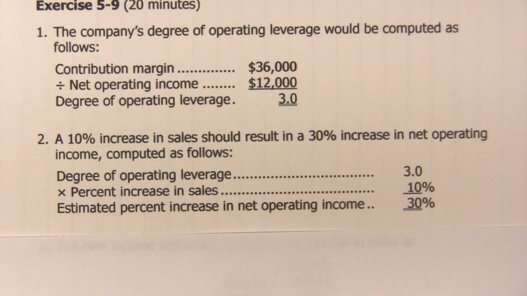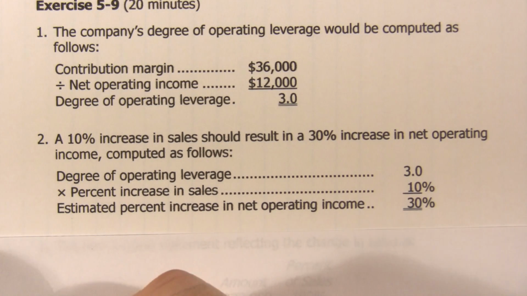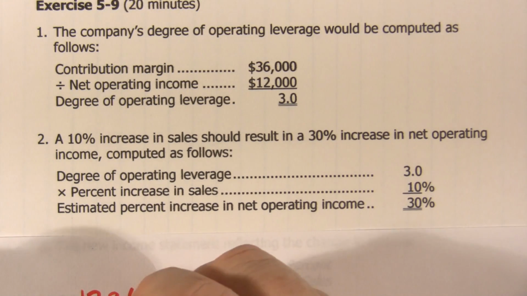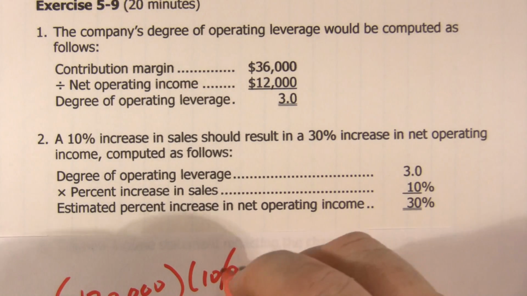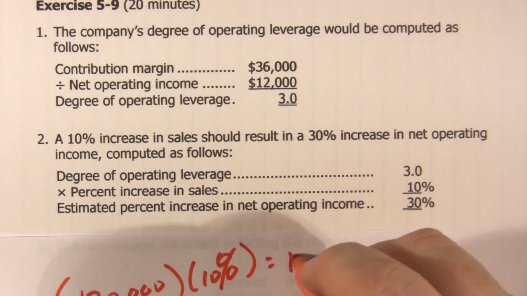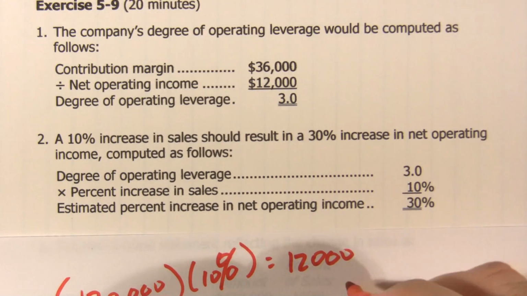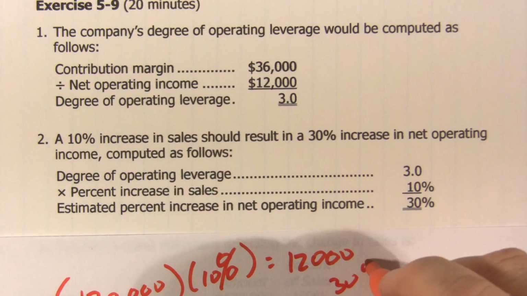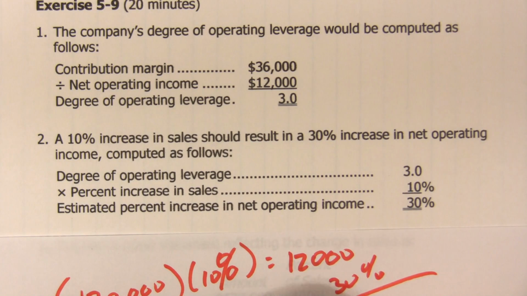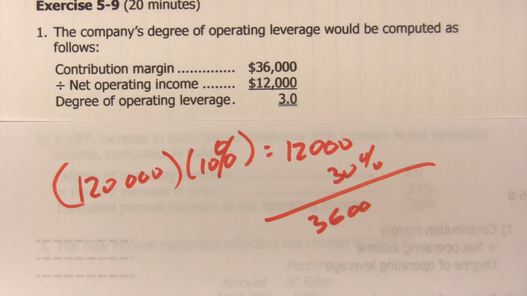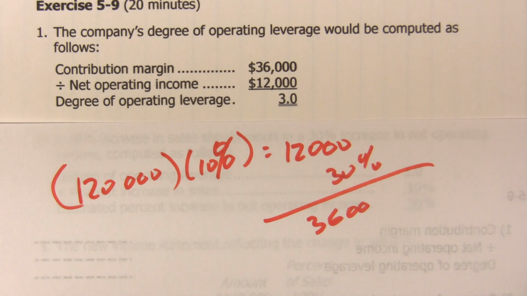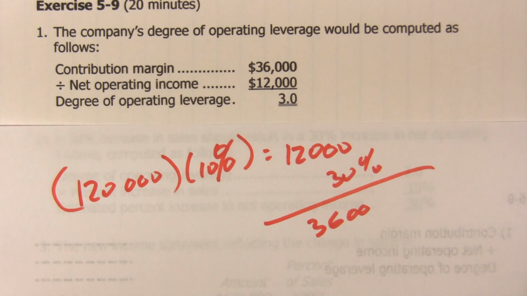So 10% times 120,000 is 12,000. 30% of that is $3,600. That's the way I would do it. Increasing the sales by 10% gives us a $12,000 increase in sales. 30% of that is $3,600.